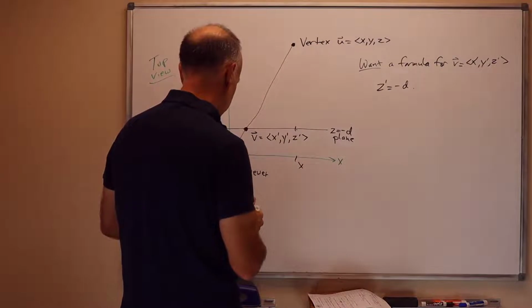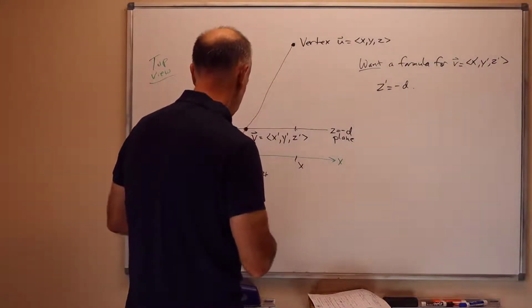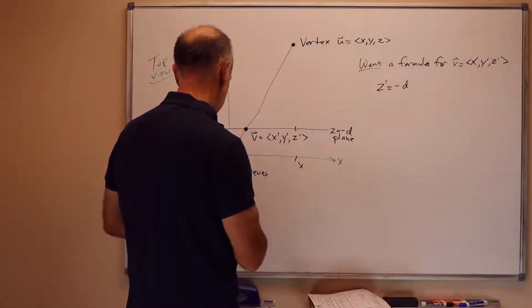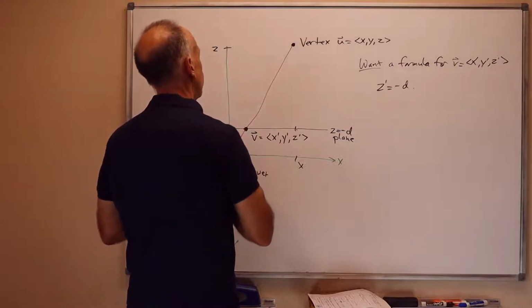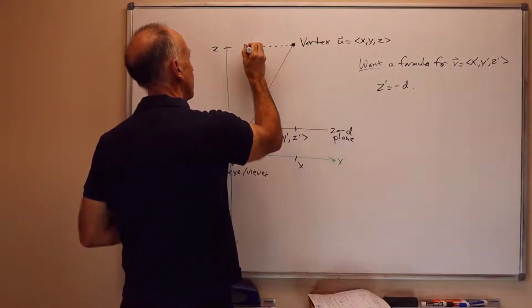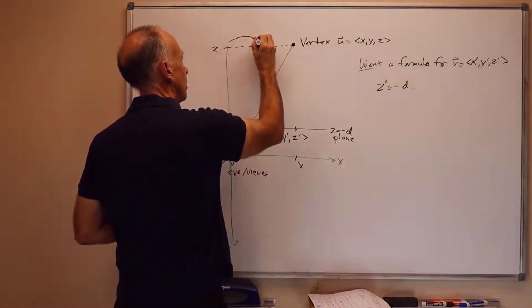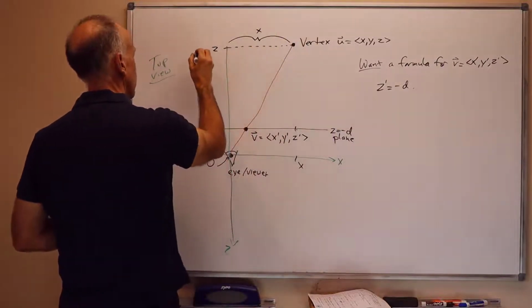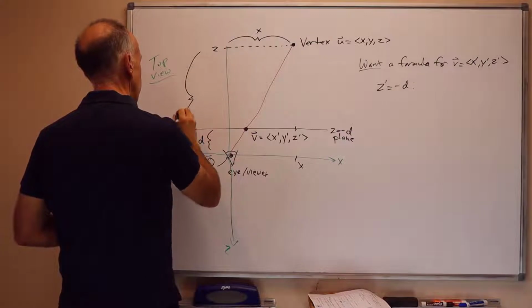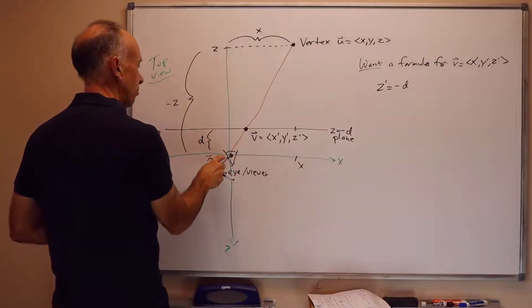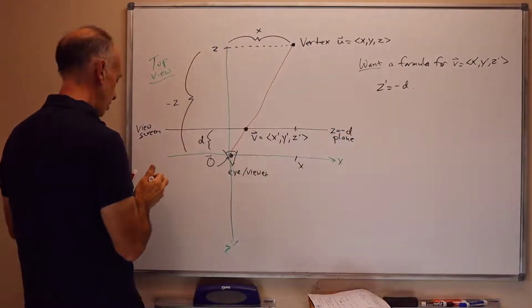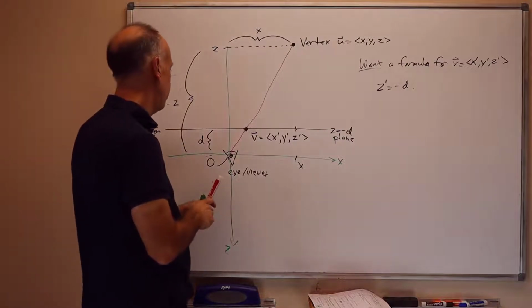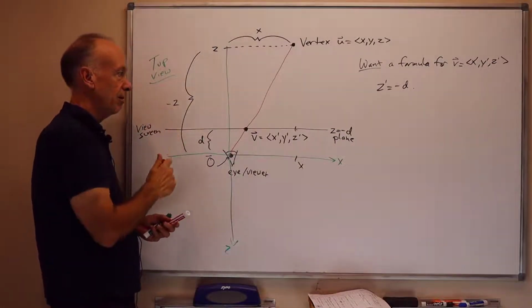And we use the method of similar triangles to get the rest of this. This distance is x. This distance is negative z because we're going from 0 down to the value z. So z is negative in this picture. Negative z is positive.